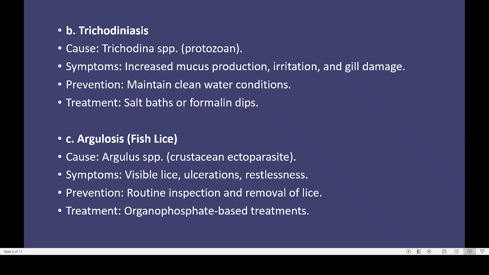This kind of lice can be present on the skin of the fish, and that will be creating wounds or ulceration. Now, regarding the preventive method, it is mainly routine inspection and removal of the lice from the body of the fish. And for treatment, we can use organophosphate-based treatment, like DDT-like chemicals can be used, or DDT or BHC can be used.